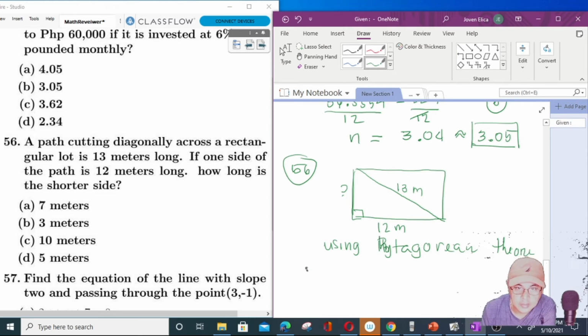So let's say this is y, this is z, and this is x.